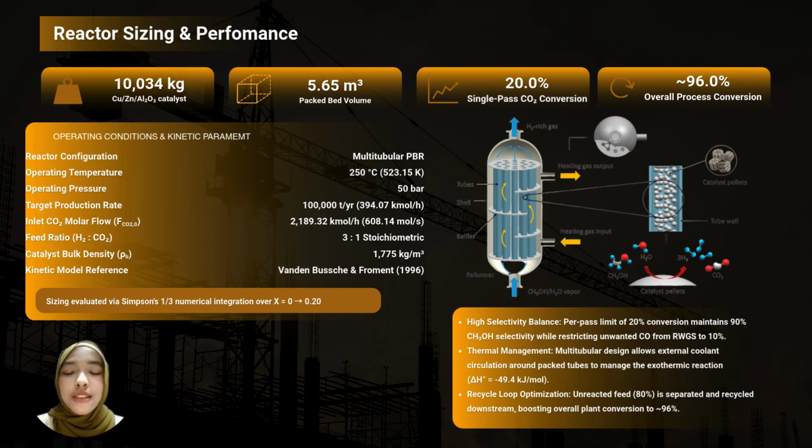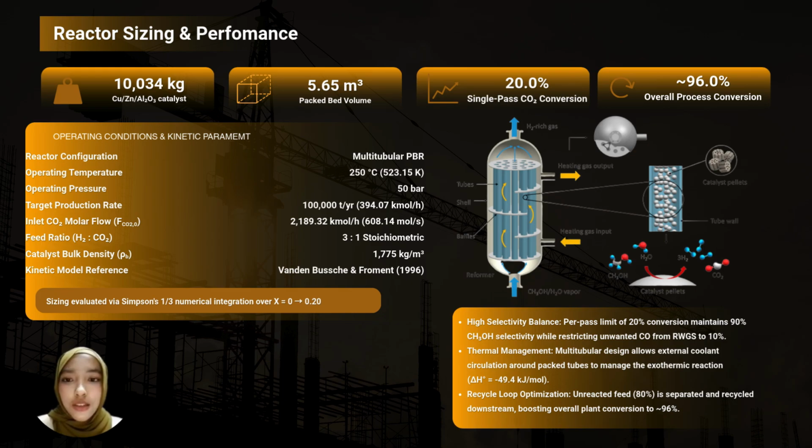Now, this slide summarizes the reactor sizing and performance. The reactor selected is a multi-tubular packed bed reactor operating at 250 Celsius and 50 bar using a copper oxide, zinc oxide, or aluminum oxide catalyst. Based on the reactor design calculations using Simpson's one-third numerical integration, the required catalyst weight is 10,034 kilograms, corresponding to a packed bed volume of 5.65 cubic meters.